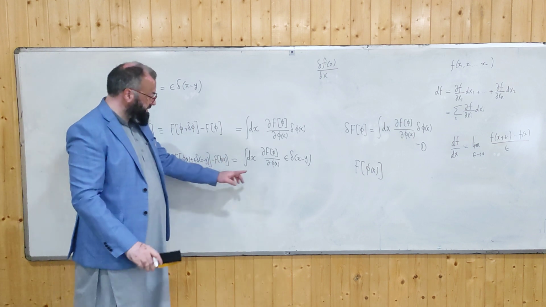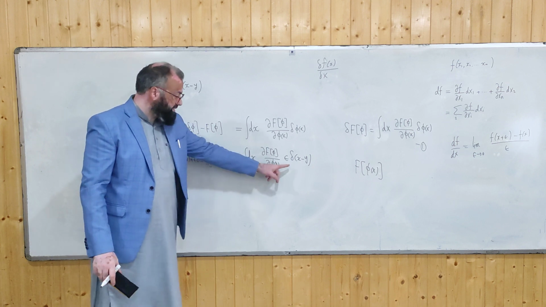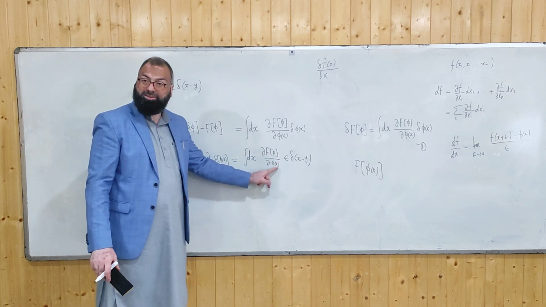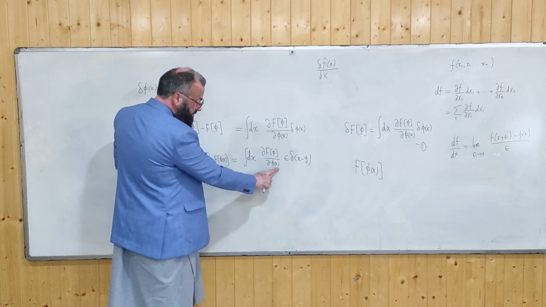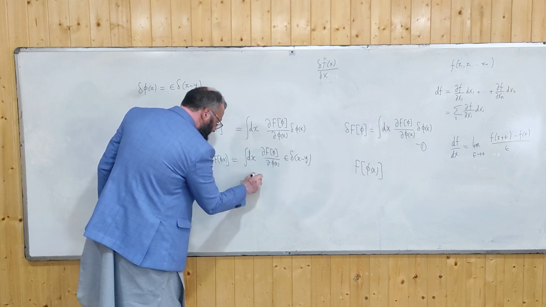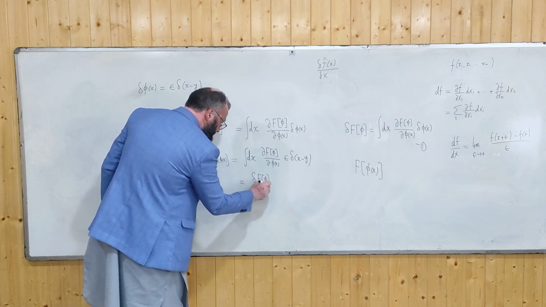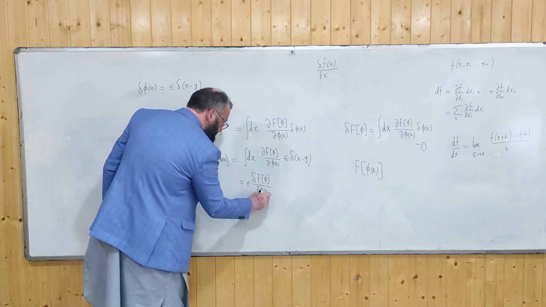Now epsilon is a constant number, so let's integrate over x. Here you are integrating over x, so x will be replaced by y. So I will put this as simply delta f of phi, epsilon times delta of phi of y.